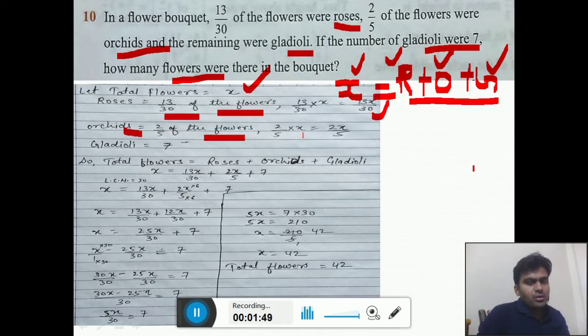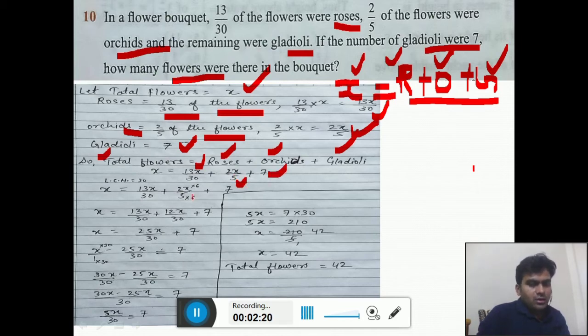So 2 upon 5 of X means 2X upon 5, and the gladioli 7. Now we will form an equation by writing total flowers equals to roses plus orchids plus gladioli. So X is equals to 13X upon 30 plus 2X upon 5 plus 7.